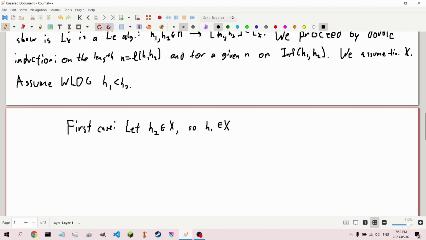So that puts h1 in X. Thus h1, h2 is in H. So the image of their product is the bracket of their images.